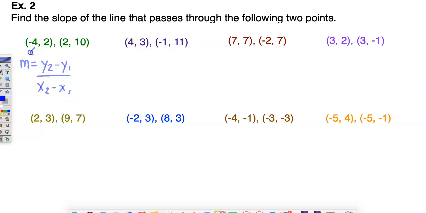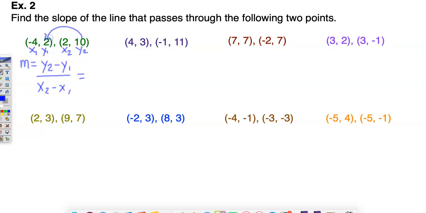So we're going to identify those by putting xy here and xy here, because we know those occur in alphabetical order. Since this is my first set of ordered pairs, I'm going to call those x1 and y1, and this is going to be x2, y2. And then I'm just simply going to plug those into my formula to find the slope.